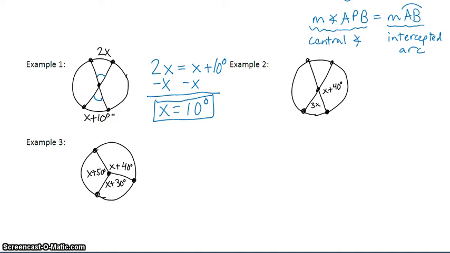In example 2, I again have a couple of central angles. But in this example, the central angles are not equal to each other. But if I look, these central angles form a semicircle. These central angles are supplementary. So the equation that I set up is 3x plus x plus 40 degrees equals 180 degrees. Same picture, different equation. Solve for x. Combine my like terms.